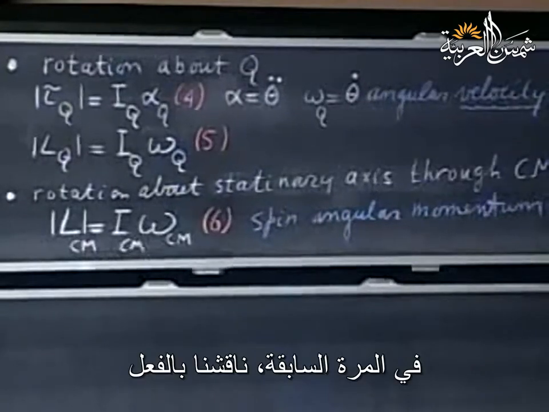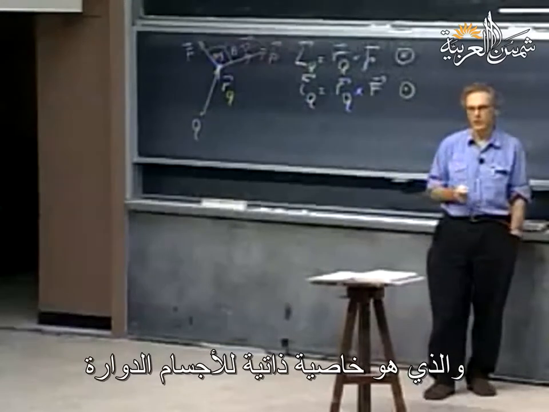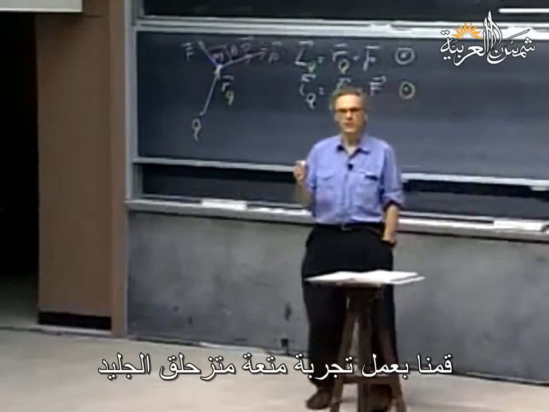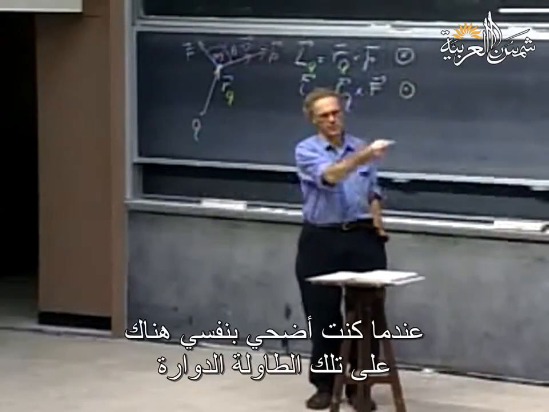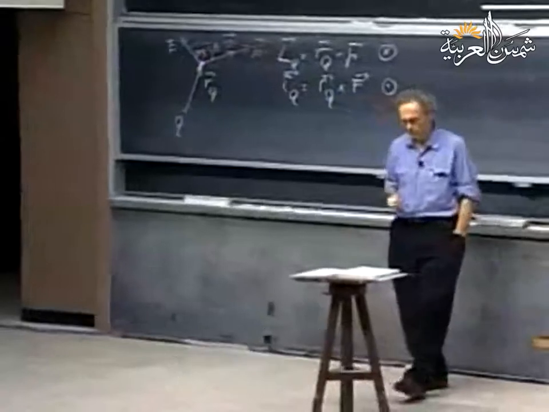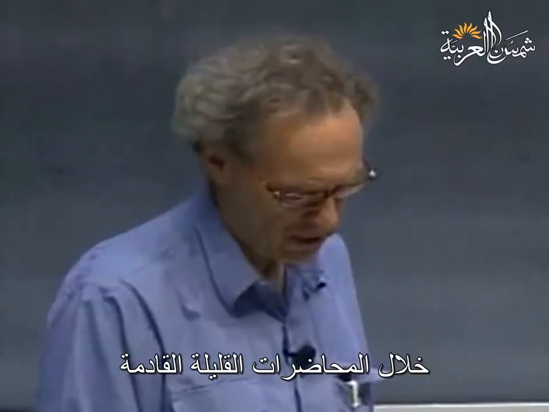Last time we already discussed the idea of spin angular momentum, which is an intrinsic property of a rotating object. We did an experiment with the ice skater's delight when I was sacrificing there on this rotating turntable. And we'll see some more examples of that during the next few lectures.